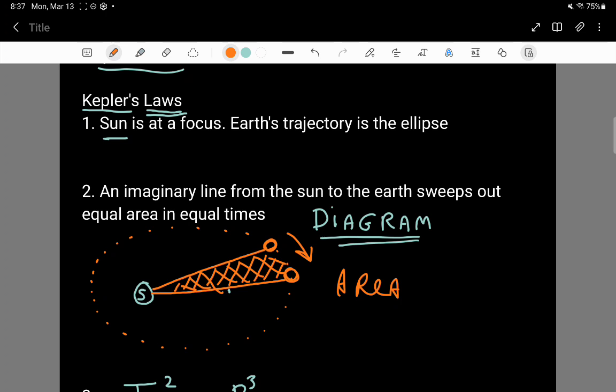And what Kepler discovered when very carefully paying attention to the pictures is that an imaginary line from the sun to the Earth, you can see that I drew an imaginary line from the sun to the Earth, it sweeps out an area, and it's going to be equal to the area swept out at any place in the trajectory as long as you wait the same amount of time.